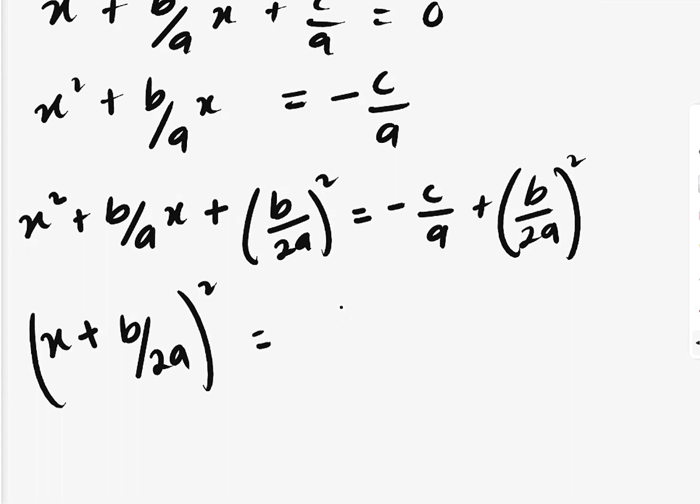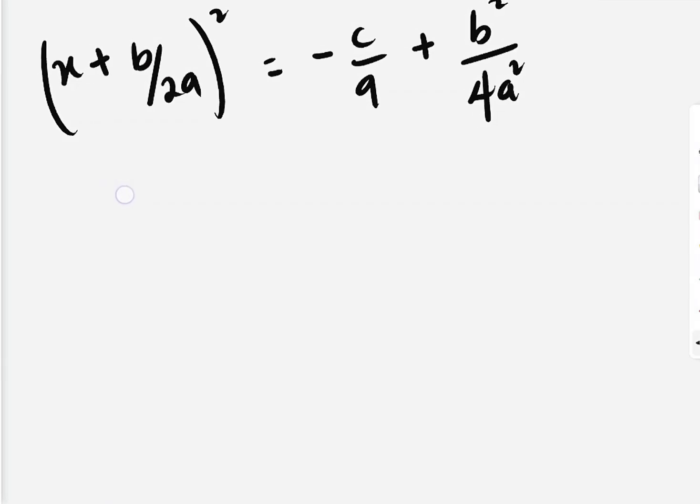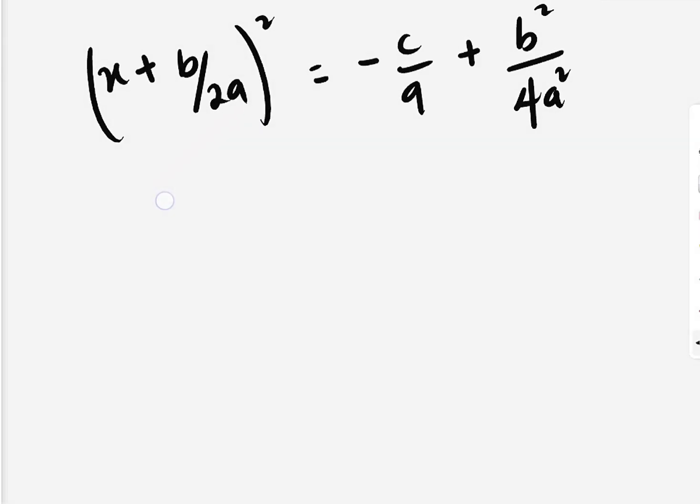We have minus c over a plus, now we need to open this bracket. So we need to simplify the right hand side. So we have b square over 4a square. This square affects everything: b, 2, and a. And let's scroll up.